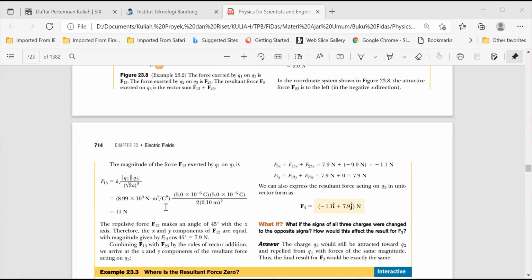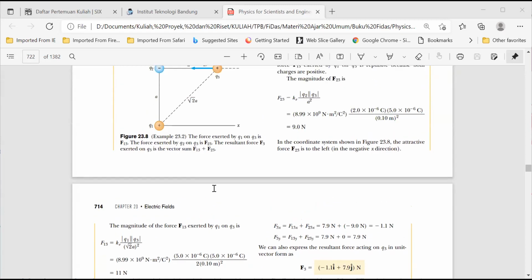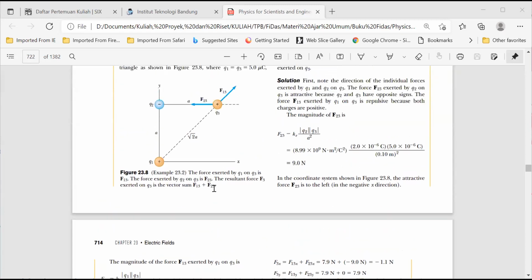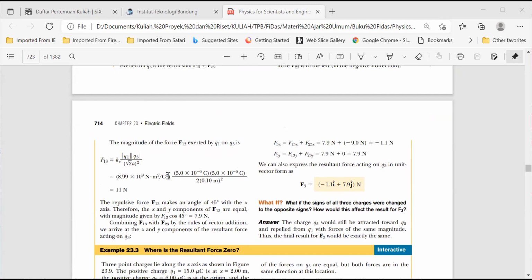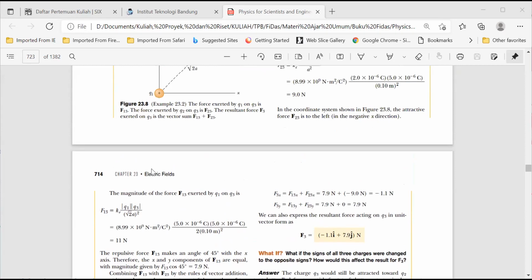So if we insert the values of k, Q1, Q3, and A, we get this F13, the magnitude is 11 Newton. Is there any question until this step? I think it's trivial, okay? No question, okay.